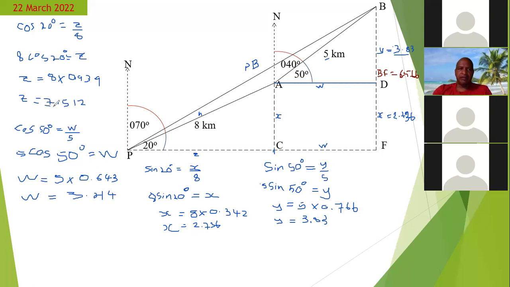Miss Wilson would have already found the length of Z. So we know Z is 7.512. And W now is 3.214? Yes, sir. Okay. So here we have the lengths down here. Can we sum these two now to get the length of the base?